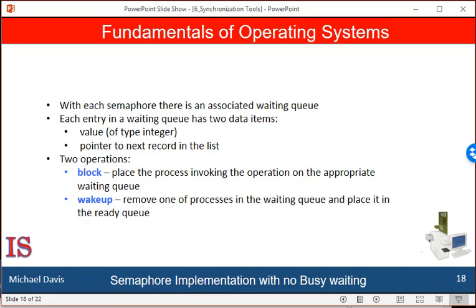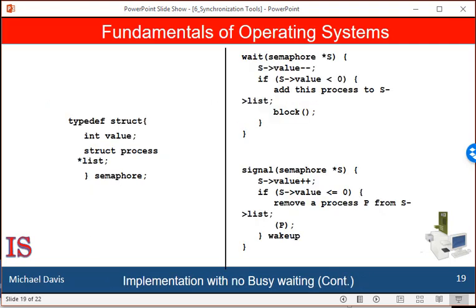To overcome this problem, we can modify the definition of the wait and signal operations as shown in the next slide. When a process executes the wait operation, it may find the semaphore value is not positive, so it is delayed. However, rather than engaging in busy waiting activity, the process can suspend itself.